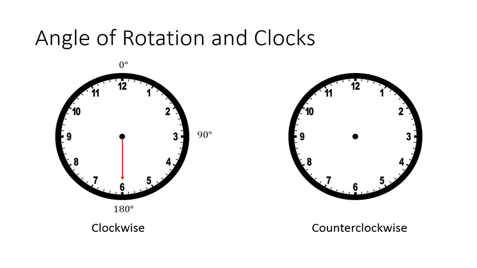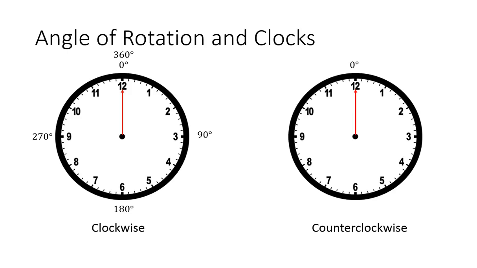And then to go to the 6 o'clock, that will be 180 degrees rotation clockwise. And then when it gets to the 9, that would be 270 degrees clockwise. And then getting back to 12, we have completed a 360 degree rotation clockwise.